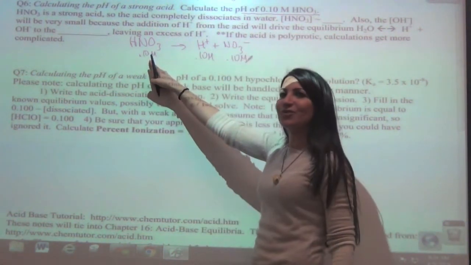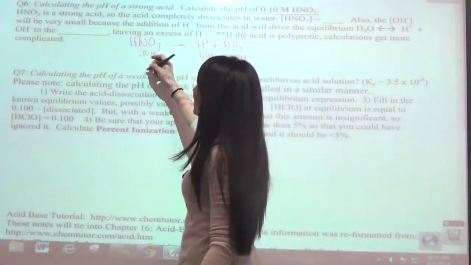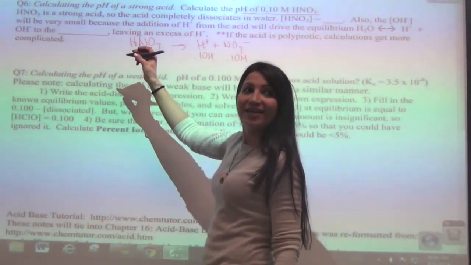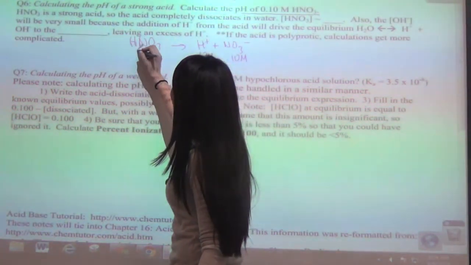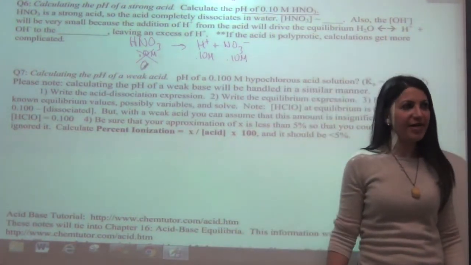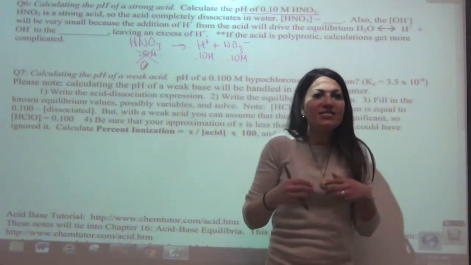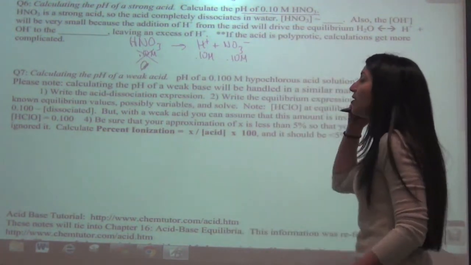What is the actual concentration of HNO3 then? Does it completely dissociate? Yes. So how much is left over after you put it in water? Zero. That's actually 0 molar. If it's a strong acid, none of it will stay together. It's all going to break up and ionize.